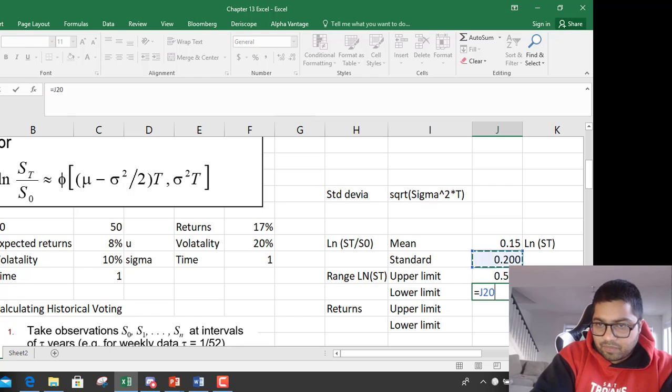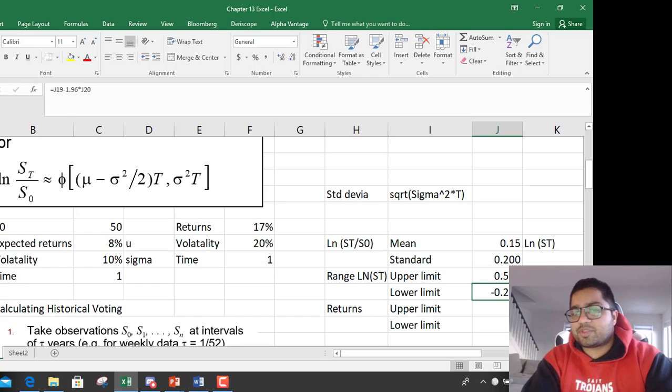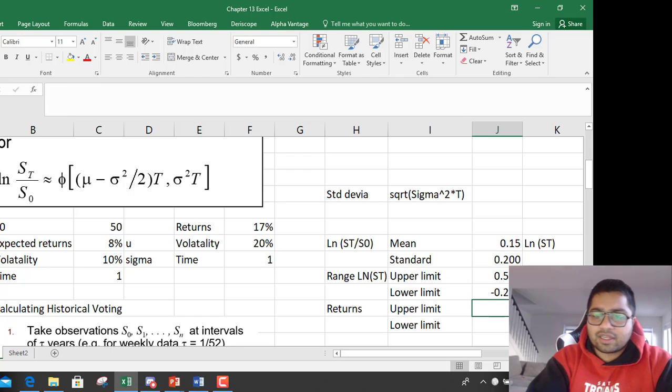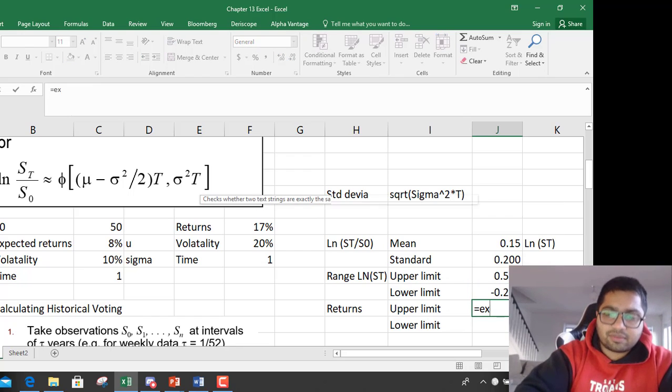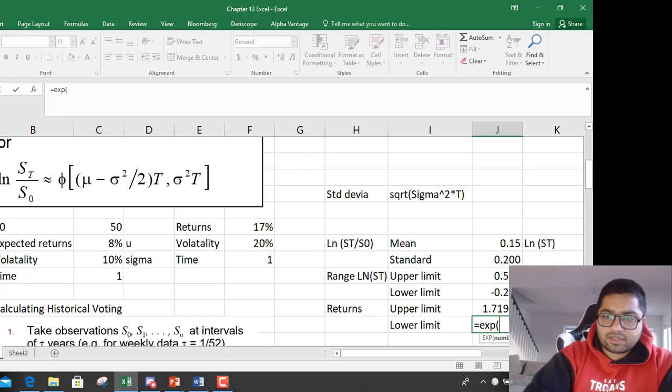Lower limit is mean minus 1.96 times standard deviation. So the return should range between minus 24% to 54%, but it is log normal. So we find out exponential to actually get returns. Exponential of this is upper limit and exponential of this is lower limit.